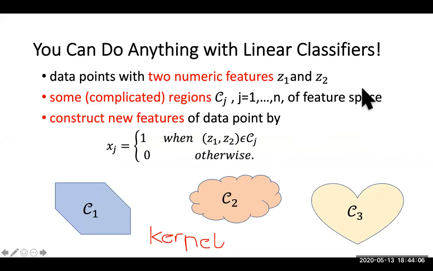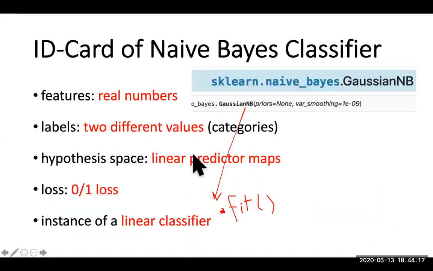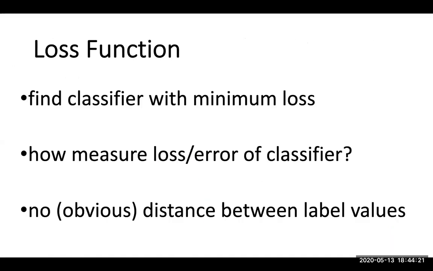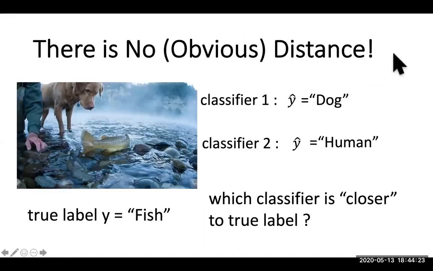So then there's another comment. We talked about binary classification. How does this expand to multiple classes? That's a good question. You can reduce any multi-class problem. Let's say we have a multi-class problem of classifying an image into fish, dog, and human.